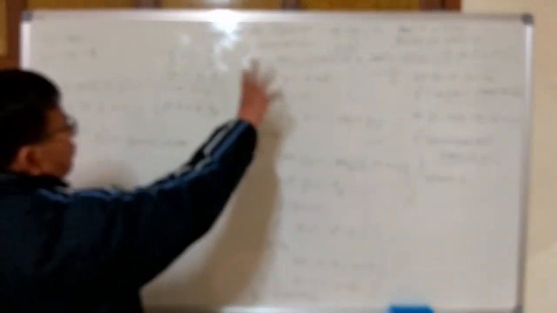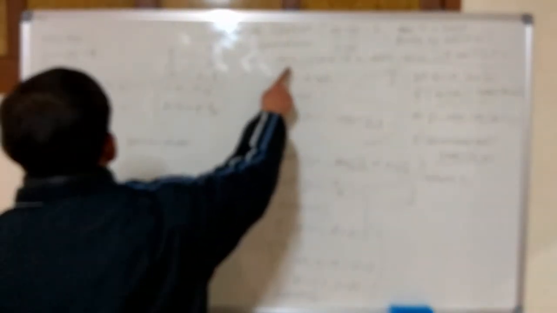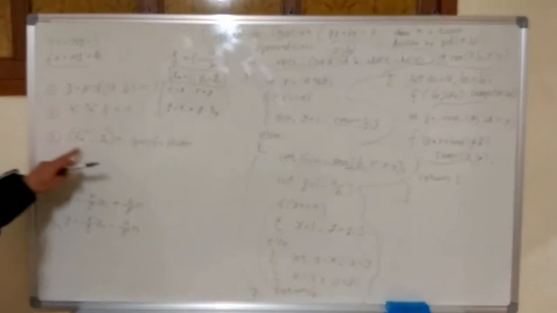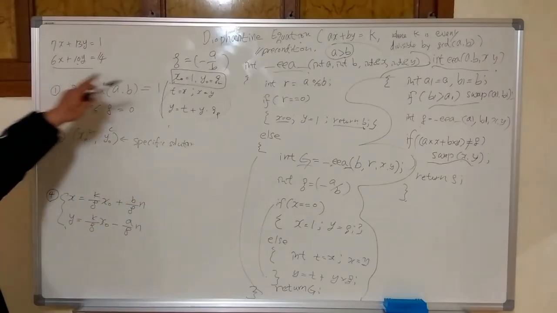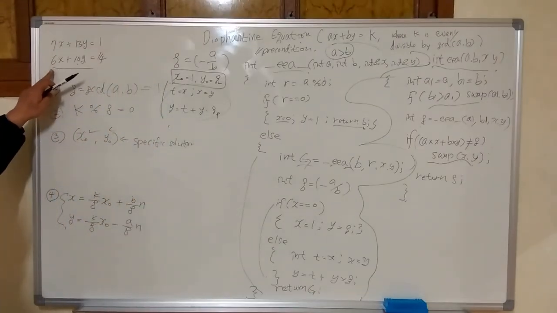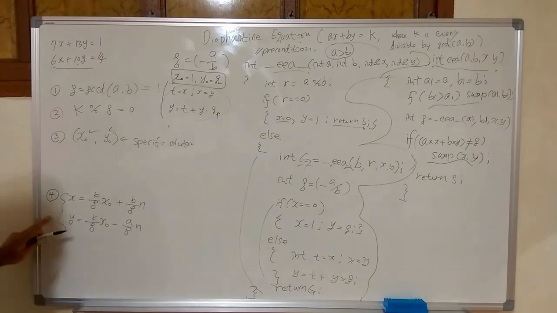If we implement the extended Euclidean algorithm, then we can get a specific solution of the Diophantine equation. Then we can get the general solution.